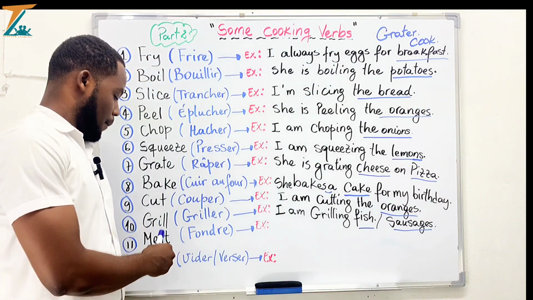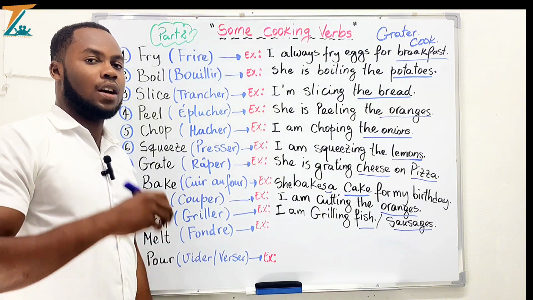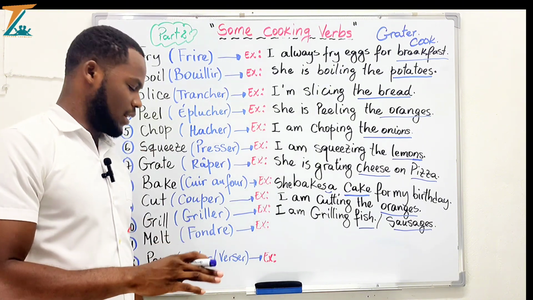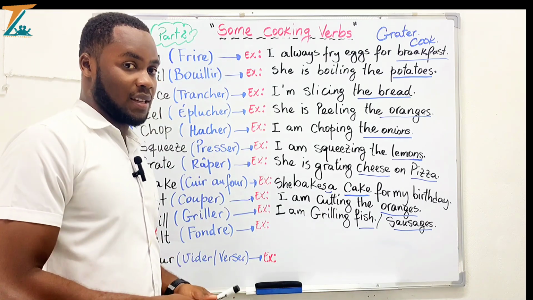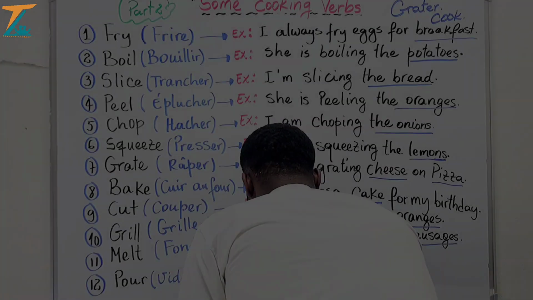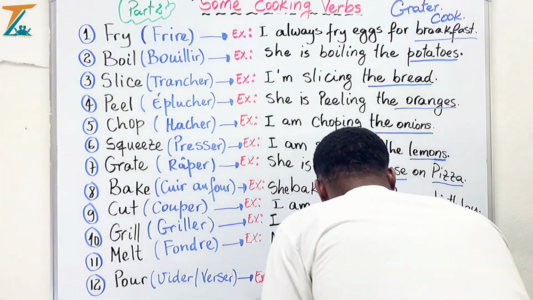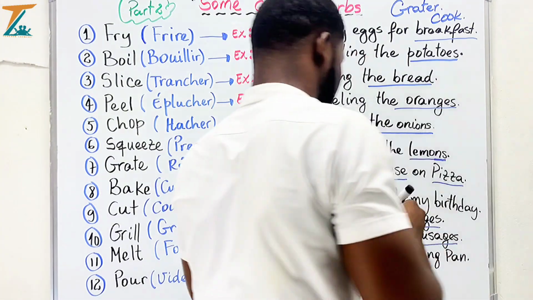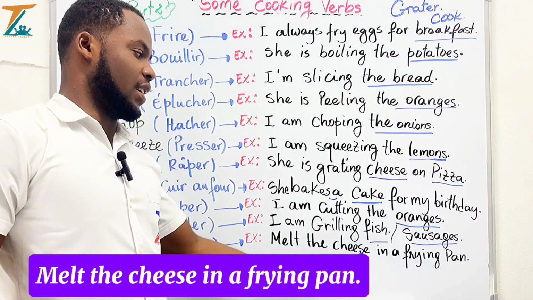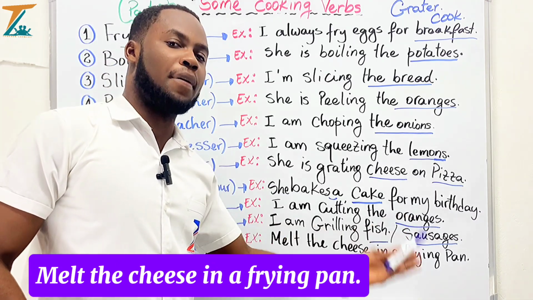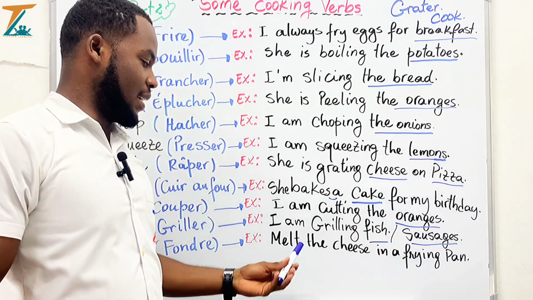Melt. Melt. Melt means fondre. Pour fondre, il faut de la chaleur. For example, I say melt the cheese in a frying pan. Let's repeat it again.